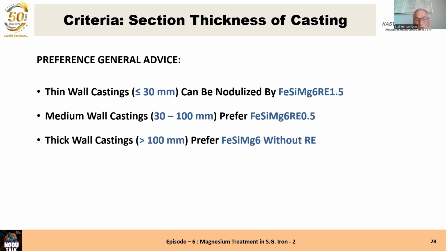For medium, 30 to 100 millimeters, take the magnesium 6 and rare earths a half. That can be obtained by mixing 1.5 and 0, of course. It's up to you. And for very thick castings, more than 100, no rare earths, please, because rare earths will always then go to chunky graphite.